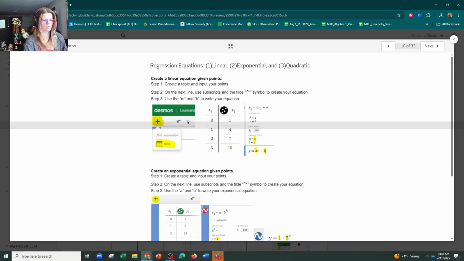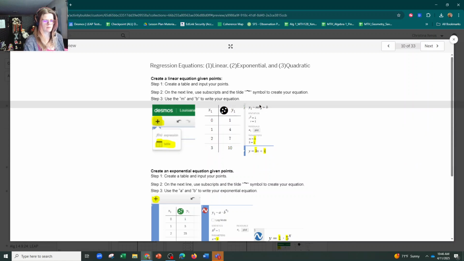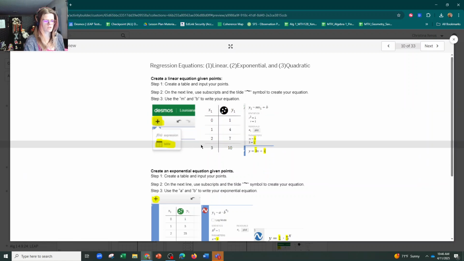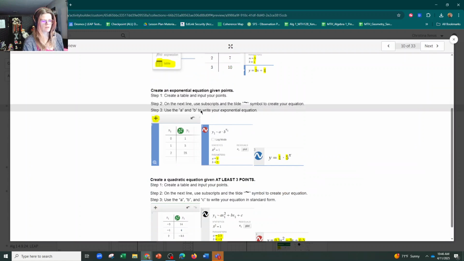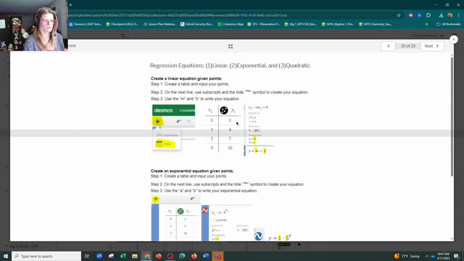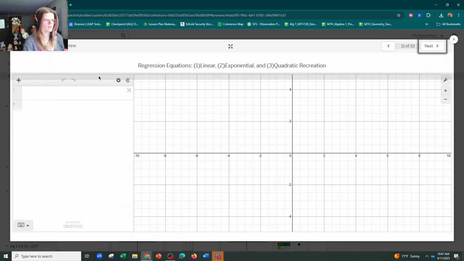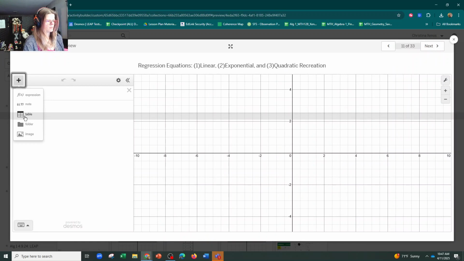So that process that we just used to make the table, we're going to do that again. But we have an extra step here. And then we're going to do the same thing for an exponential relationship and for a quadratic relationship. So 0, 1, 1, 4, 2, 7, 3, 10. Add table.